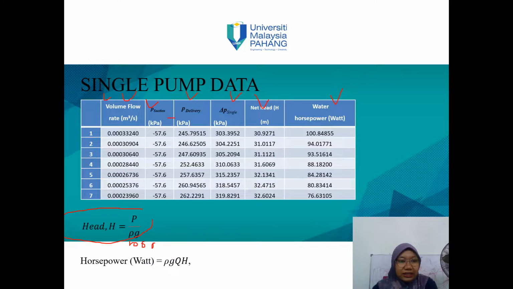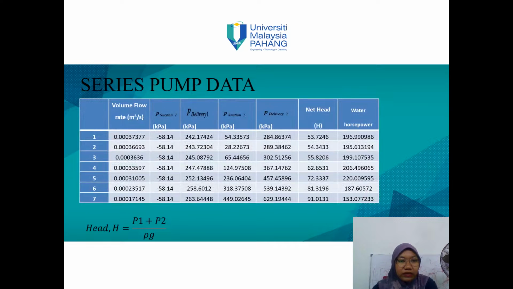Here we have the series pump data. Same as the single pump data, the given data is volume flow rate, P suction 1, P delivery 1, P suction 2, and P delivery 2.